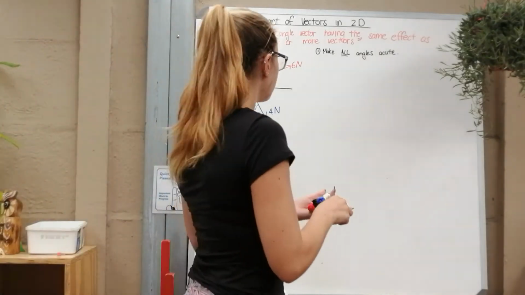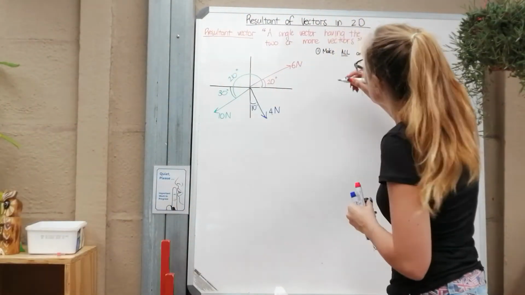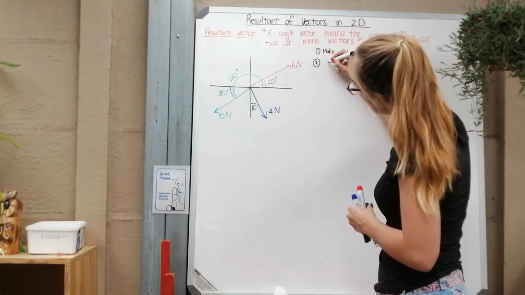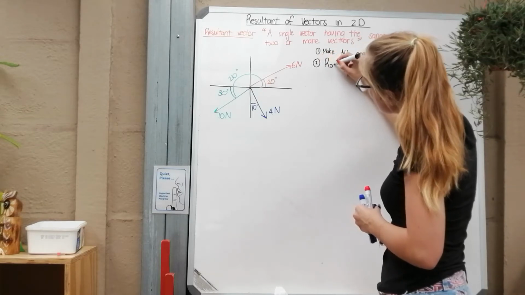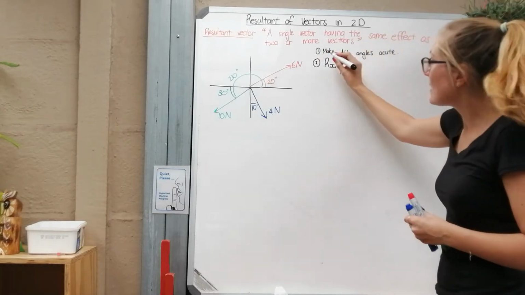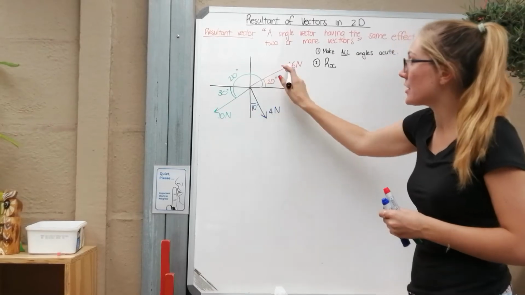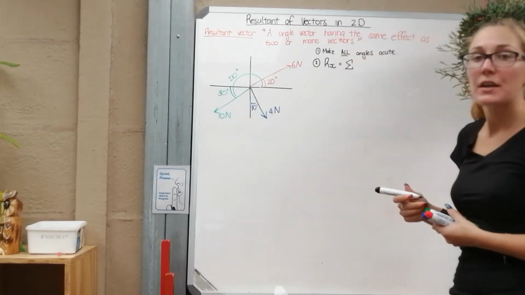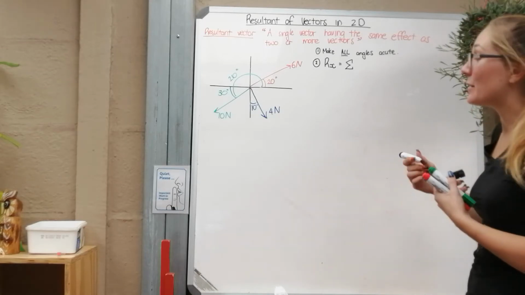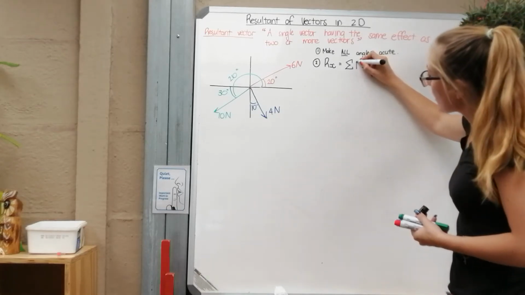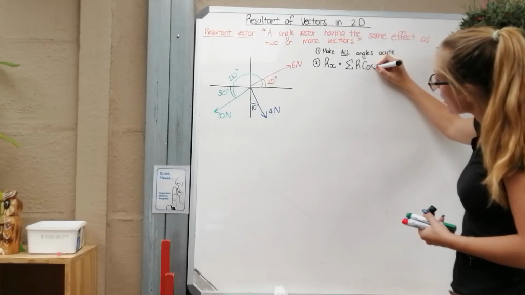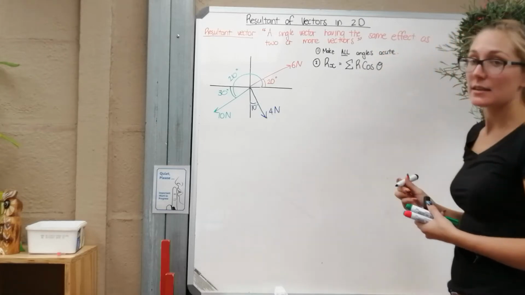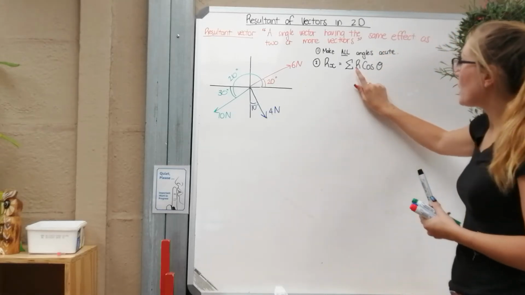So that's step 1. Step 2, we need to determine Rx. Now in order to determine the resultant of all the x components of all the vectors, you need to sum up the x components of each. Now in order to do that, you take r times the cos of the angle it makes with the axis, and you add them all together.